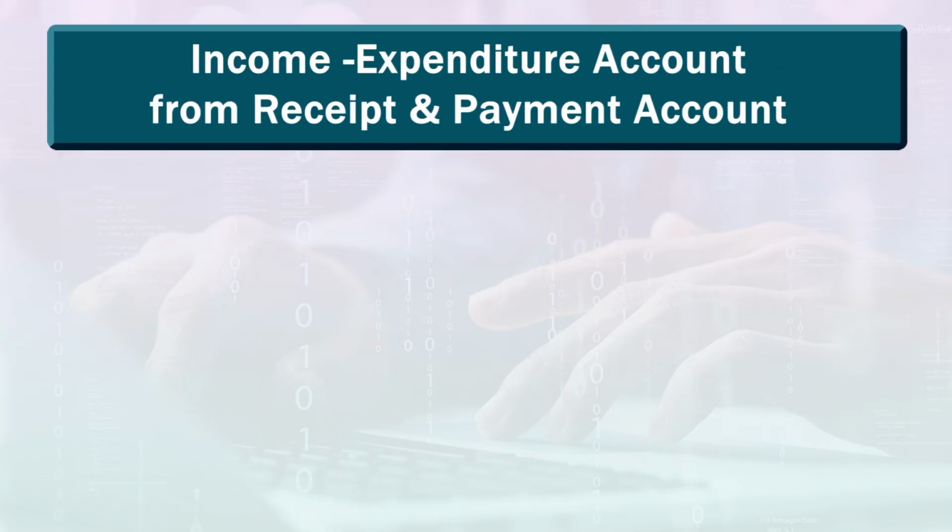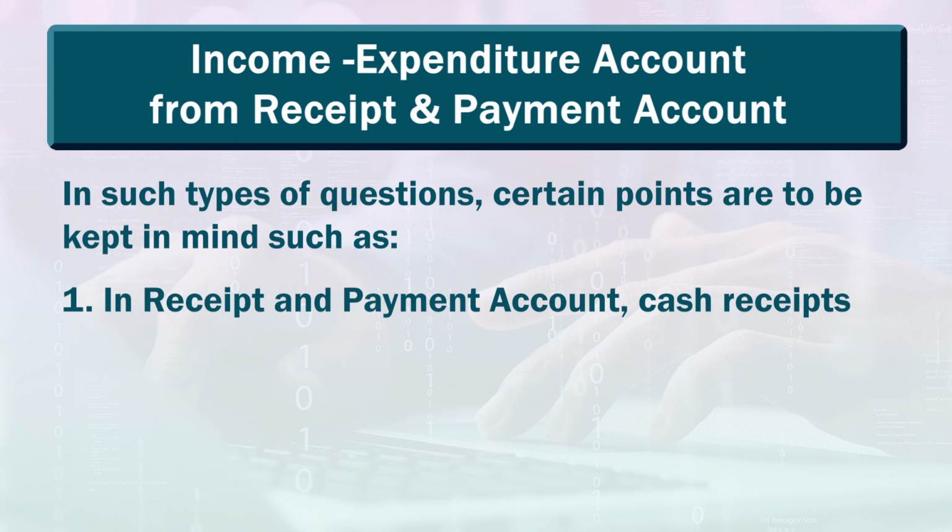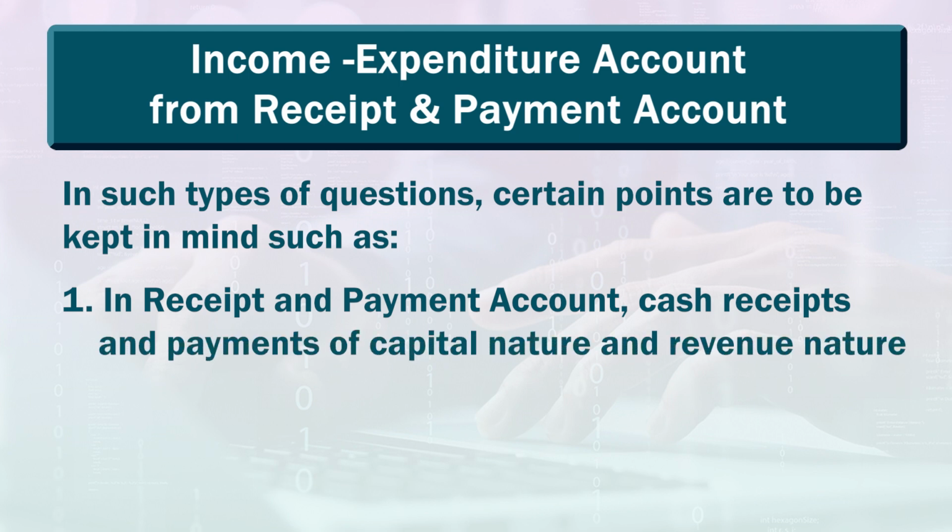Now, let us see the preparation of income expenditure account from receipts and payment account and adjustments. In such type of questions, certain points are to be kept in mind, such as 1. In receipt and payment account, cash receipts and payments of capital nature and revenue nature are recorded.